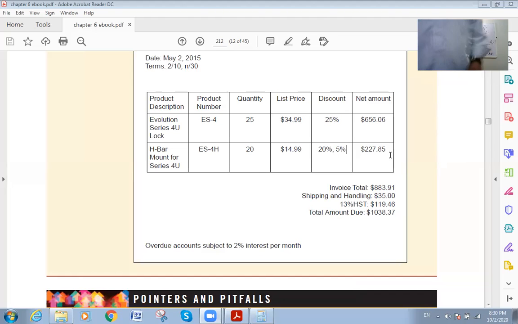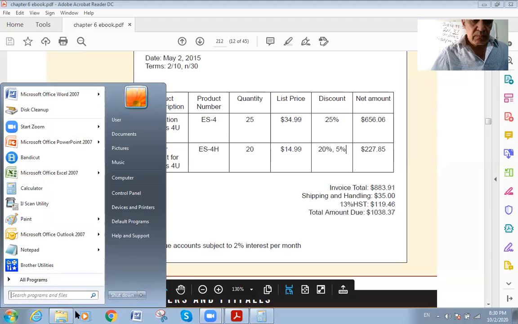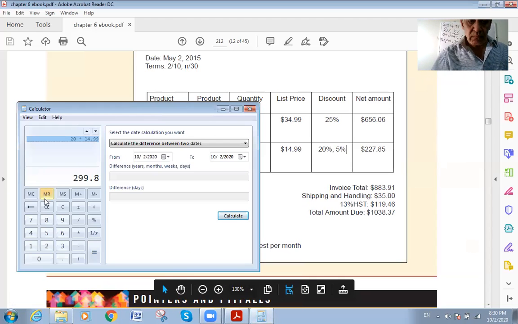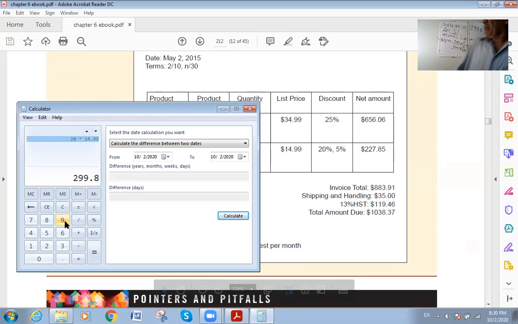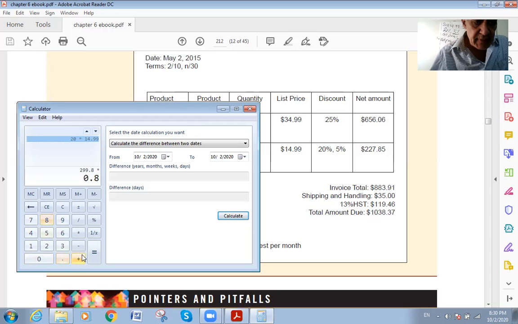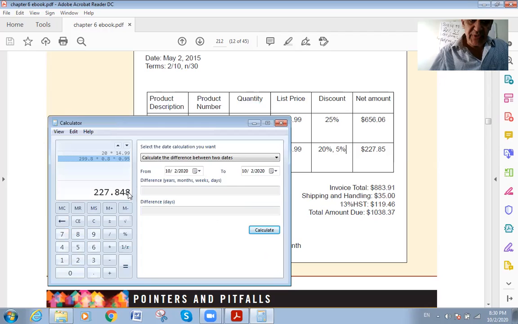Let's check whether we are right or wrong. 299.8 multiplied by 0.8 multiplied by 0.95. We get 227.848, and he rounded the number 4 into 5 because of the 8.